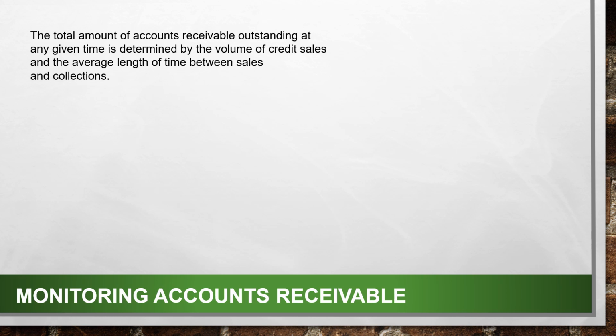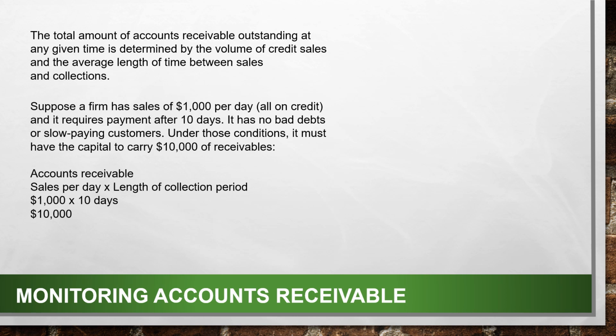So the total amount of our accounts receivable outstanding at any given time is determined by the volume of our credit sales and the average length of time between sales and collections. Let's have an example here.